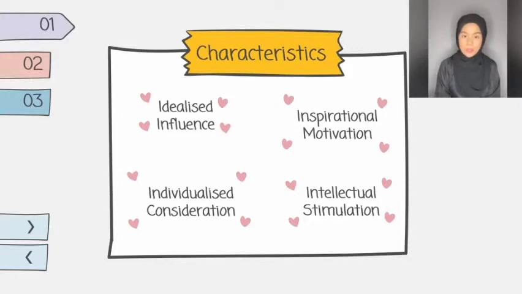The fourth one is IS, or known as intellectual stimulation, in which the leader challenges teachers to be innovative and creative. There's a common misunderstanding that transformational leaders are called soft. But the truth is that they constantly challenge teachers to a higher level of performance.